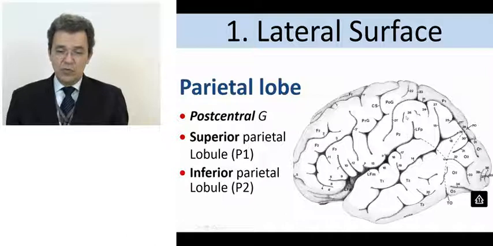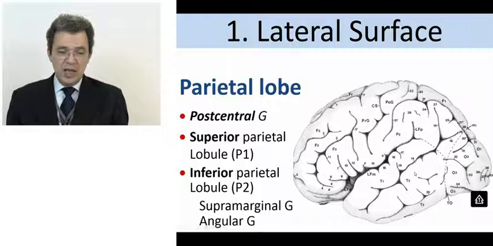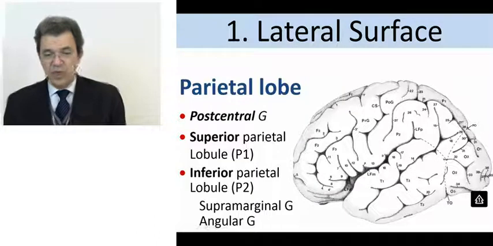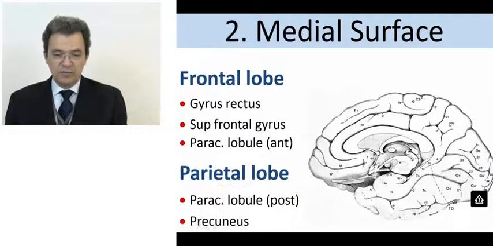You have a horseshoe on the sylvian fissure, that's the supramarginal gyrus, and then a second horseshoe sitting on the superior temporal sulcus, and that is the angular gyrus. The sulcus between P1, the superior parietal lobule, and P2, the inferior parietal lobule, is a very important and deep sulcus, because it separates the 2 parietal lobules. It's called the intraparietal sulcus.